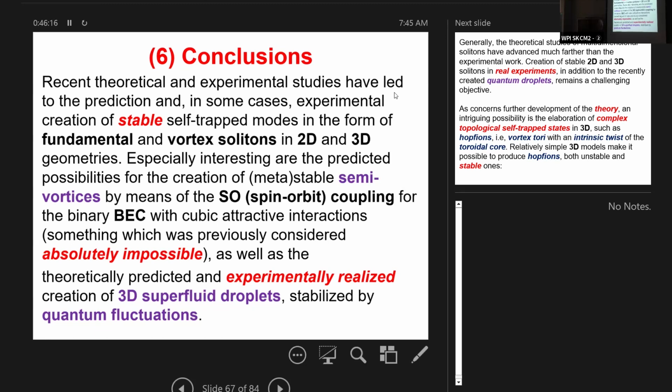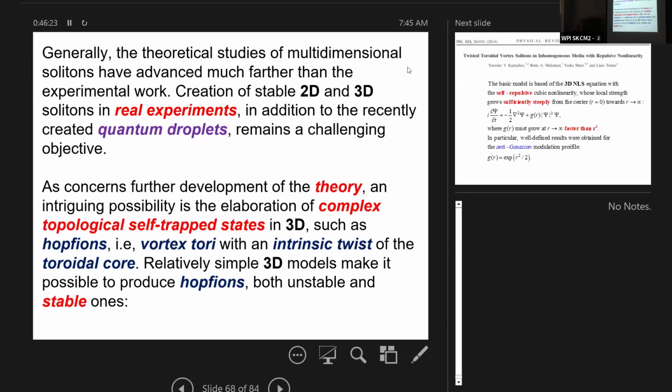A more sophisticated possibility is to take a system of 2 equations with the cubic self-attraction and apply a purely linear effect in the form of spin-orbit coupling, and it's possible to produce completely stable solitons which realize the otherwise missing ground state in this 2-dimensional system.